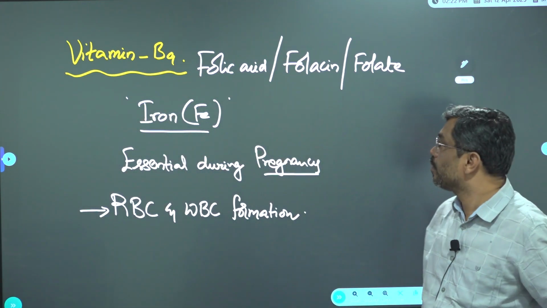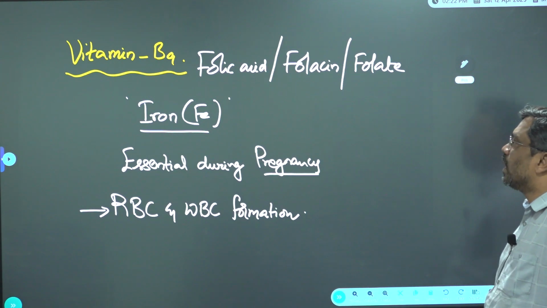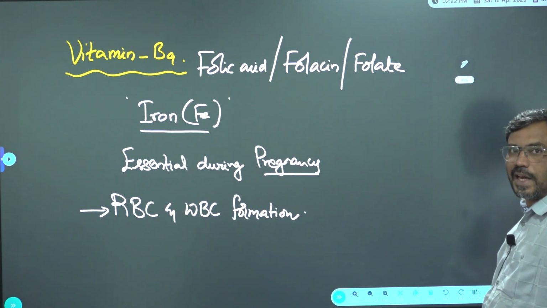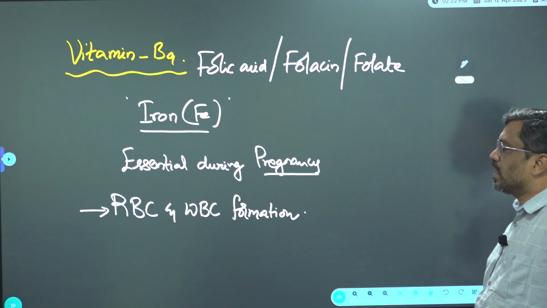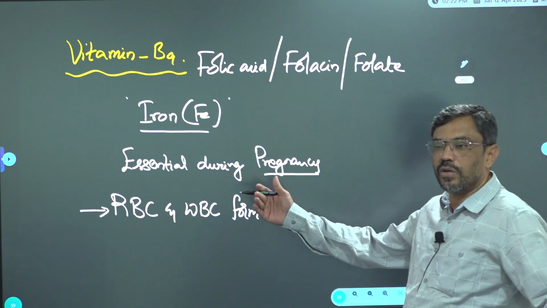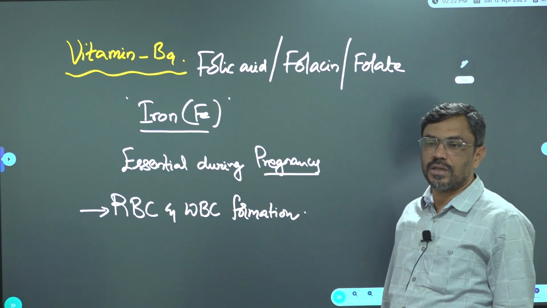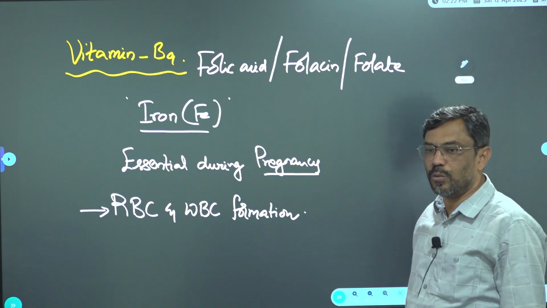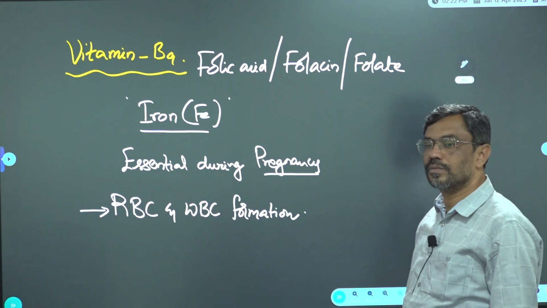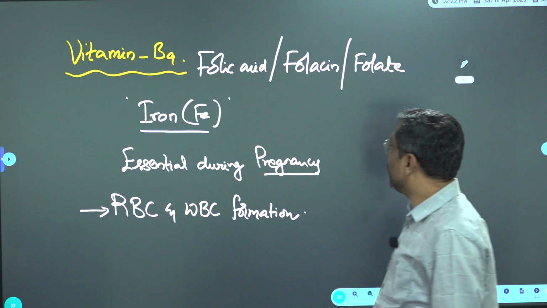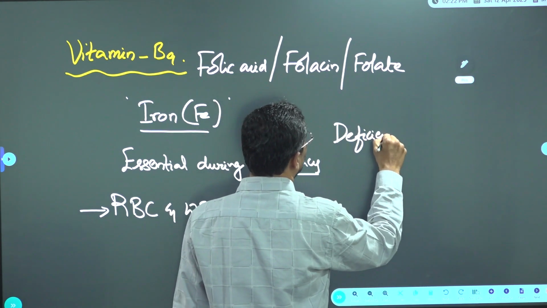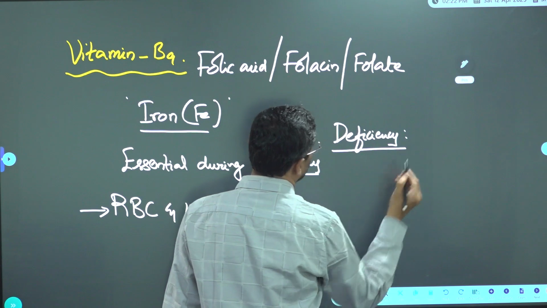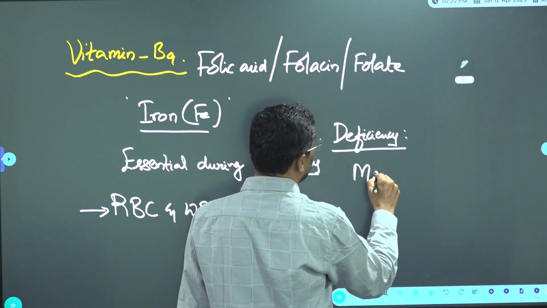Vitamin B9, folacin, folic acid or folate. It is an iron containing vitamin. It is essential during pregnancy and is required for the formation of RBC and WBCs. Right? The deficiency causes macrocytic anemia.